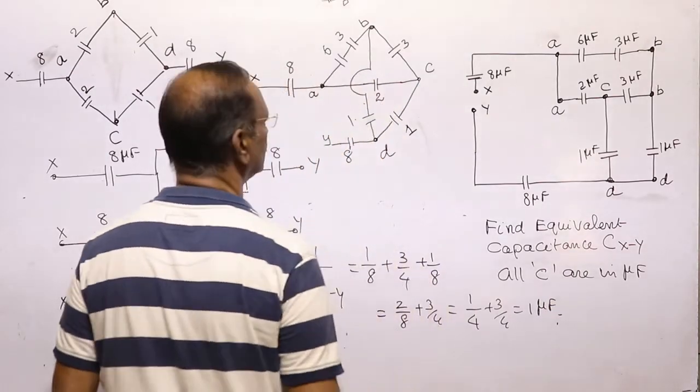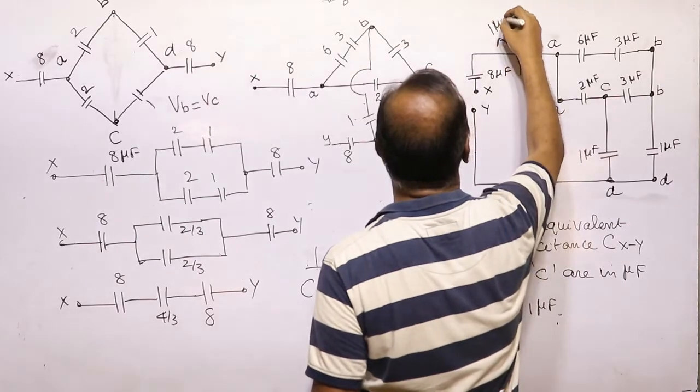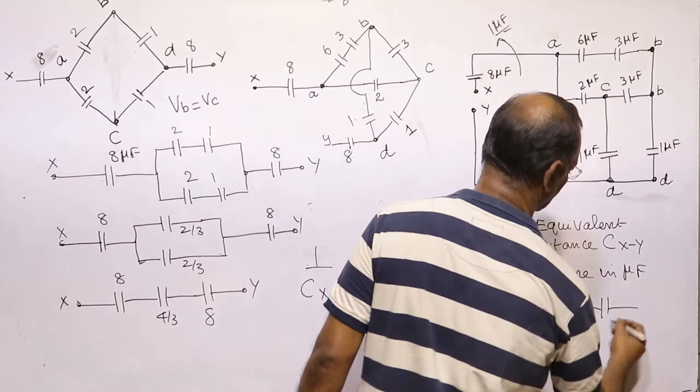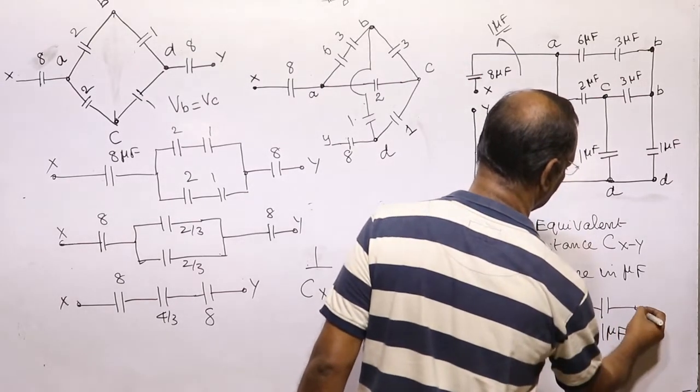So the total in this circuit is 1 microfarad, that is the answer. So the circuit will be like this, 1 microfarad between X and Y.